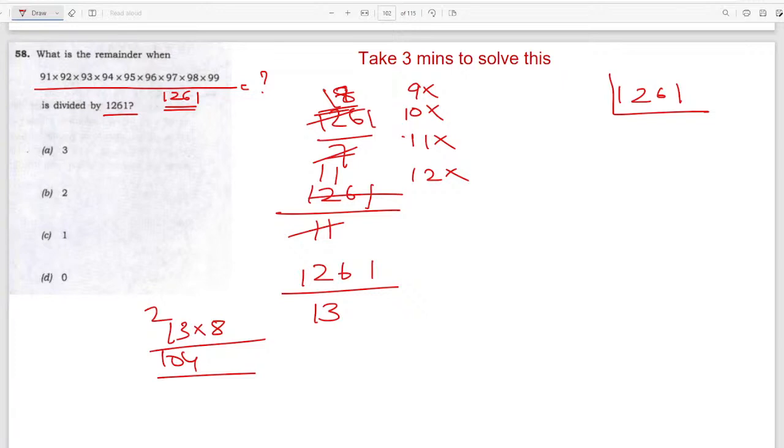Sorry, I had got a call. So 13 into 9 is 117.